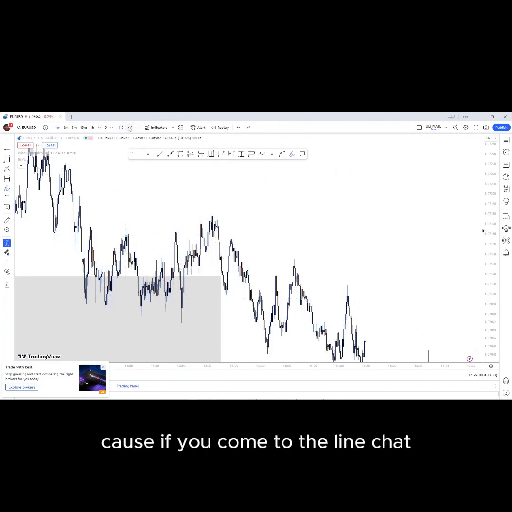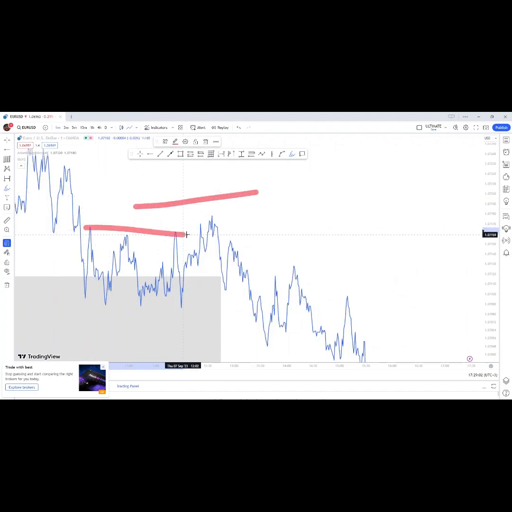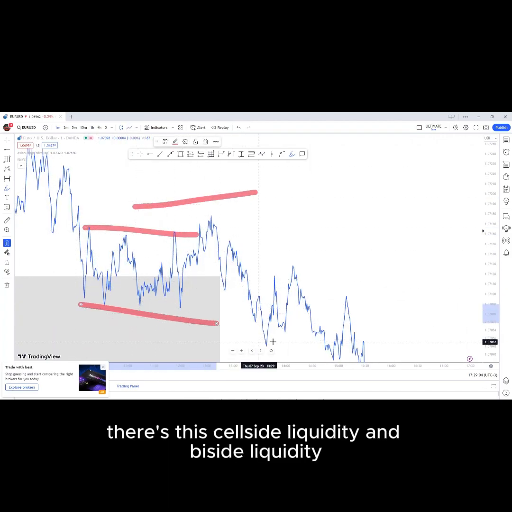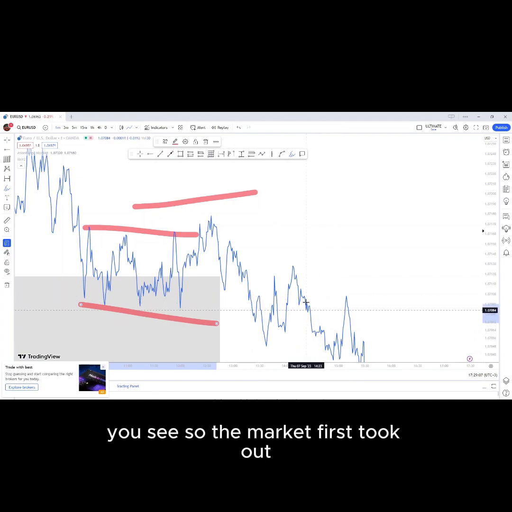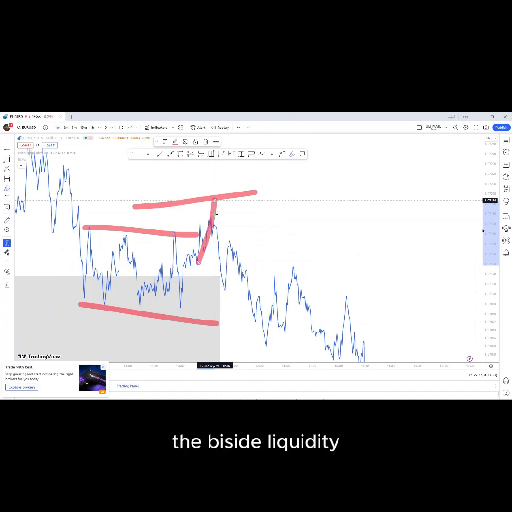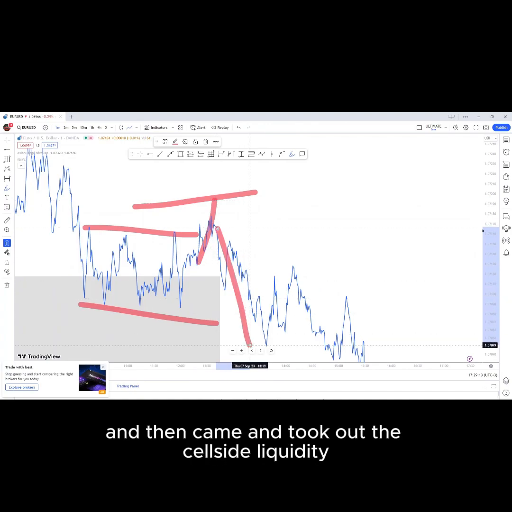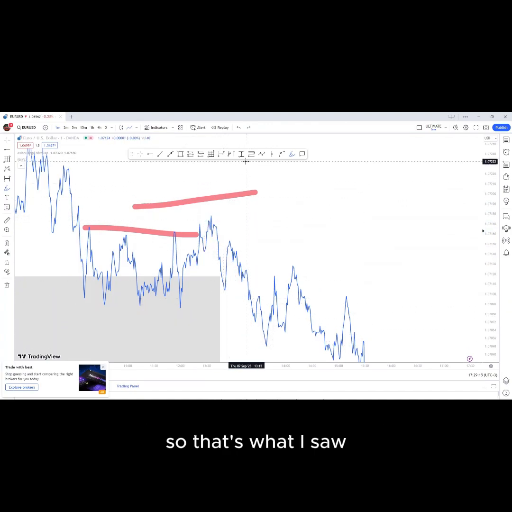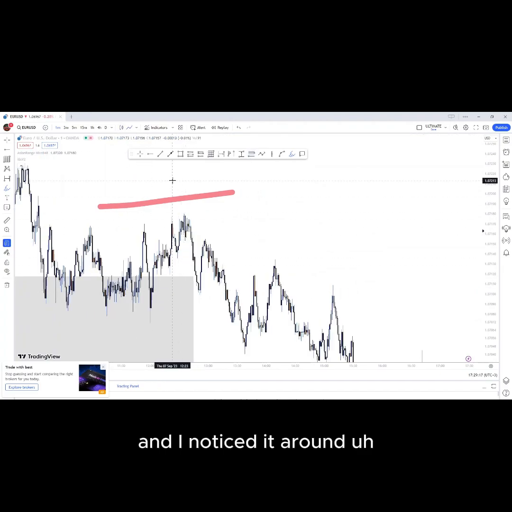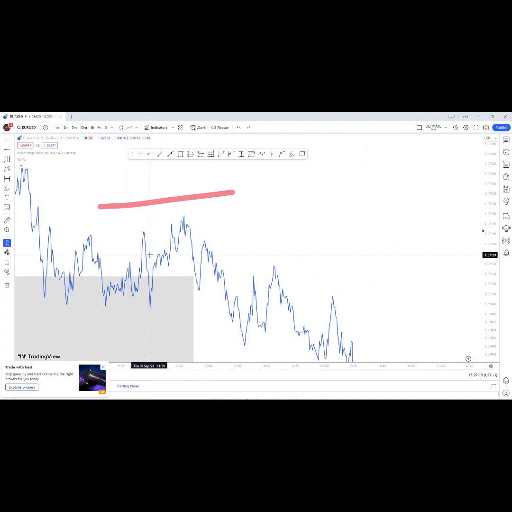If we come to the line chart, we can see there's this sell side liquidity and buy side liquidity. The market first took out the buy side liquidity and then came and took out the sell side liquidity. That's what I saw, and I noticed it around 1 o'clock today.